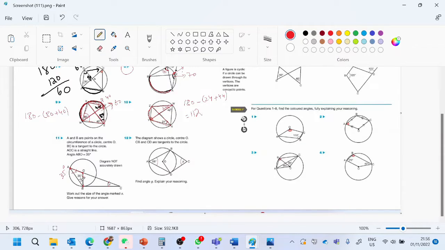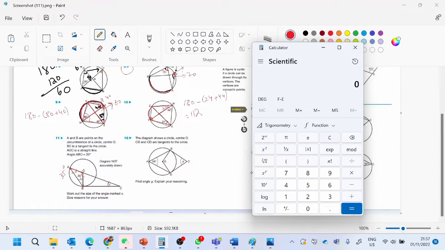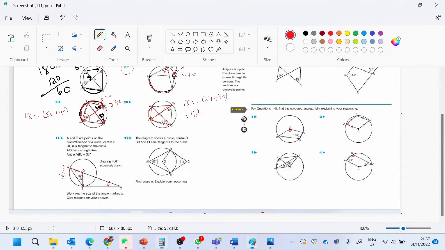Subtracting from 180 minus 35 minus 35 gives us 110.